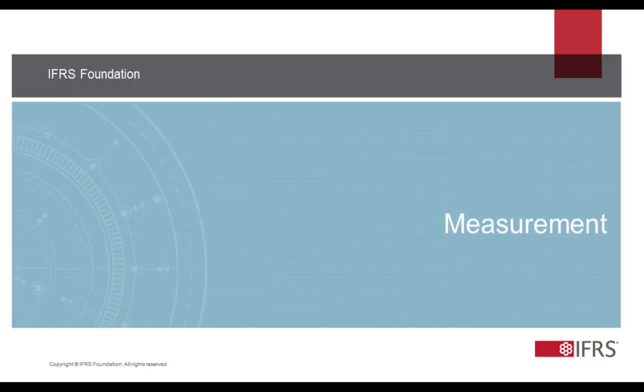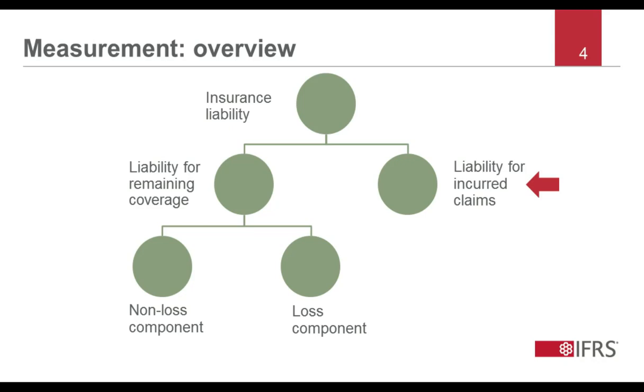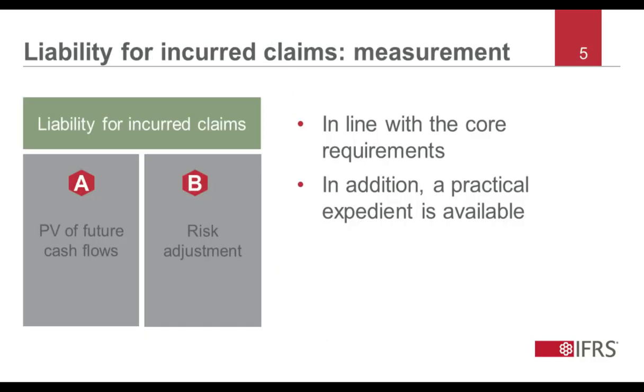Let's start with the second component of the insurance contract liability, the liability for incurred claims. Liability for incurred claims is the obligation to pay claims that have already incurred during the coverage period. In the next slide, let's explain how to measure the liability for incurred claims.